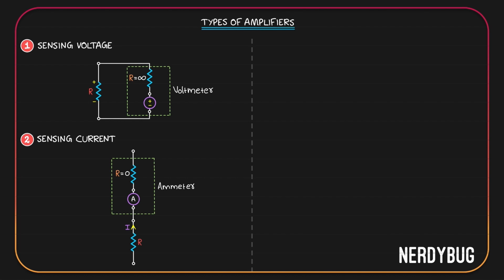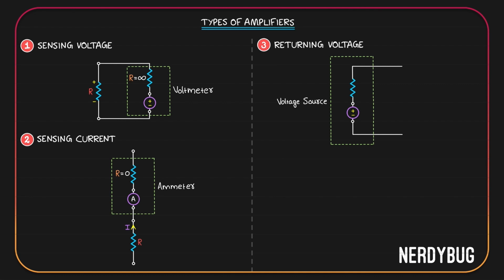Let's take the third case, returning voltage. What returns a voltage? A voltage source. Let's take a voltage source and connect a resistance across it. The source is now giving voltage to the resistance R. What we have over here is the resistance of the voltage source. Ideally, what should it be? Think of it this way.